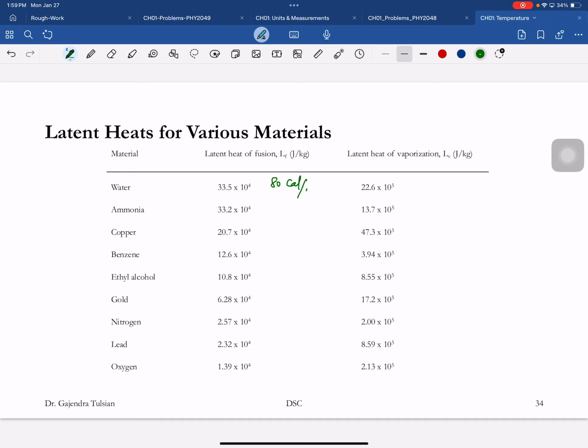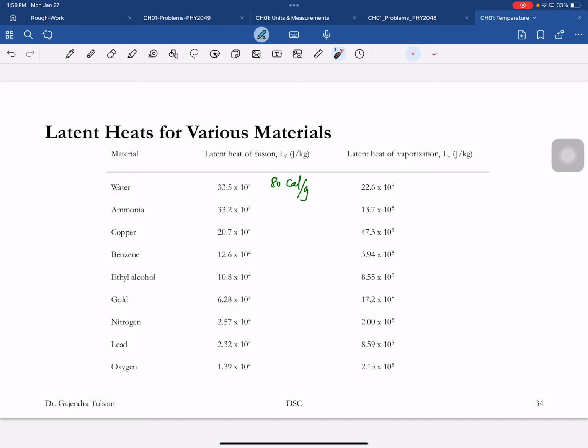I'll give them to you in other units. 80 calories per gram. What does that number mean? To melt 1 gram of ice, you need to add 80 calories of heat.